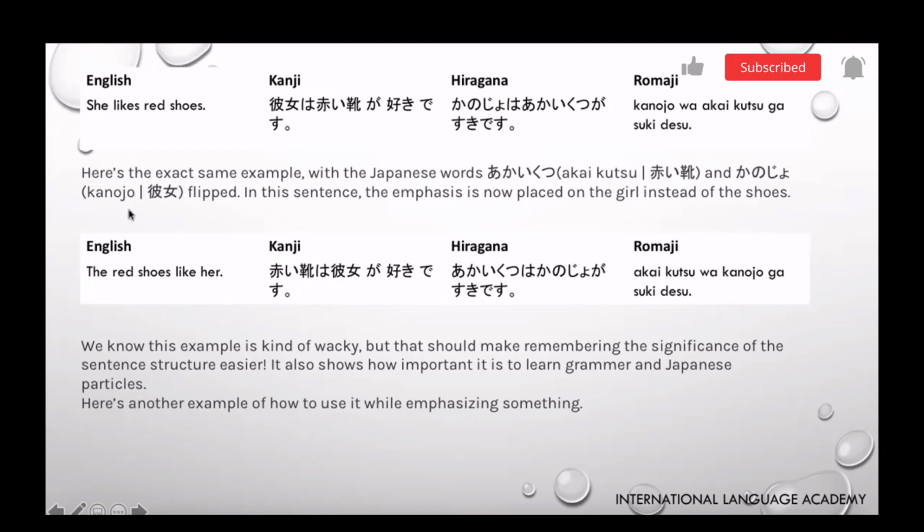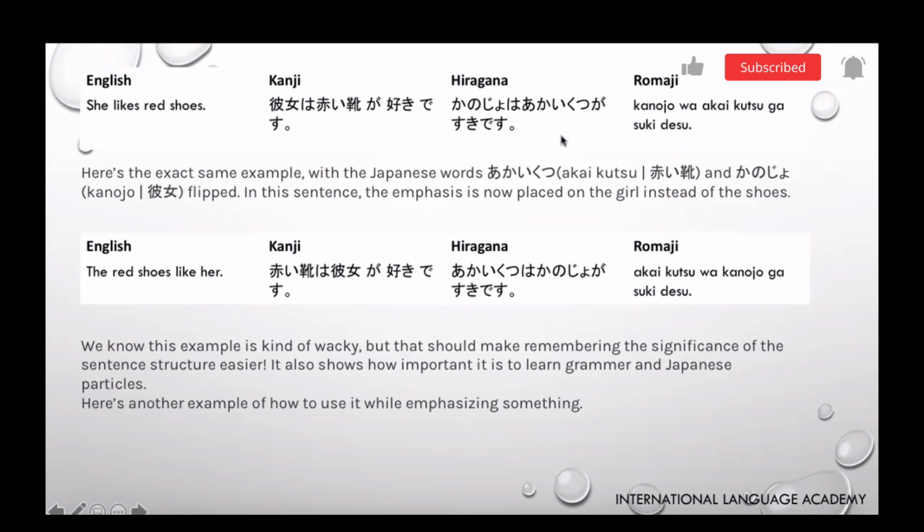So when I explain more, here's the exact same example with the Japanese words 赤い靴 and 彼女 flipped, right? In this example, you can see the flipped words. So it will never give you the same meaning as before. In this sentence, the emphasis is now placed on the girl instead of the shoes. So in the second example, they have placed the emphasized thing on the girl, not on the shoes.